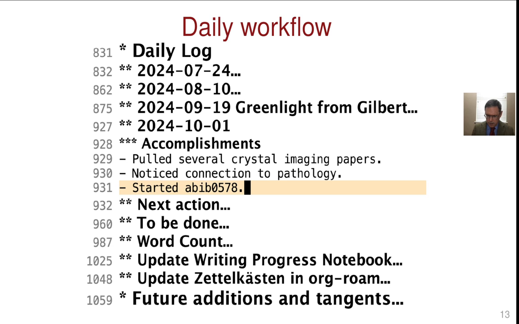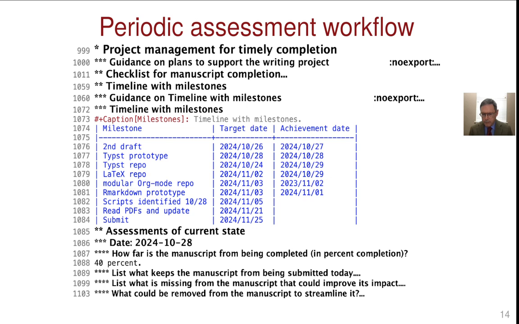Then periodically, every several months or weeks, we'll carry out an assessment of the project. We go through a checklist for the completion of the manuscript. We also have a timeline with milestones identified. And then, of course, org has these wonderful tables that are very dynamic.